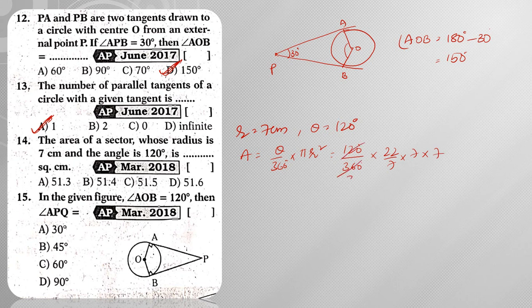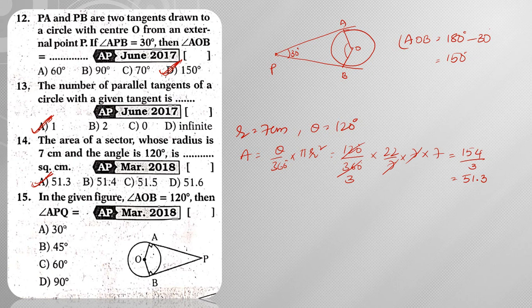So 12 threes are 36. Next, 7 and 7 will get cancelled. 22 sevens are 154 divided by 3. So 3 fives are 15, 3 ones are 3. Right? Next, again 1 remained, so it becomes 10. So 51.3 square centimeters is my answer.